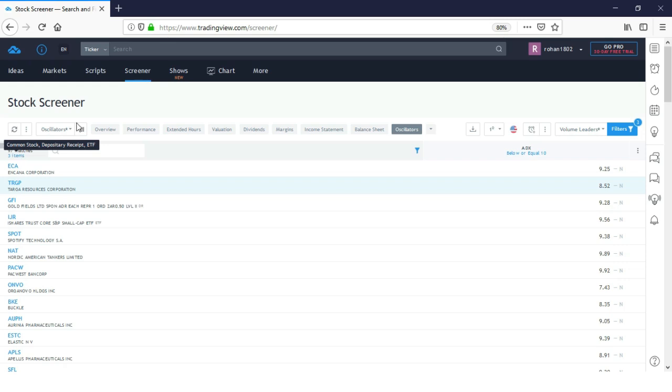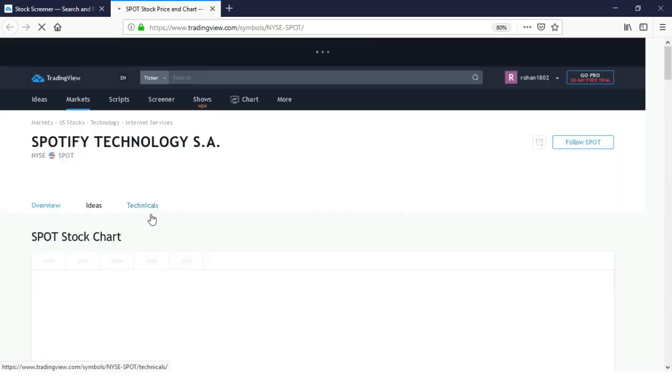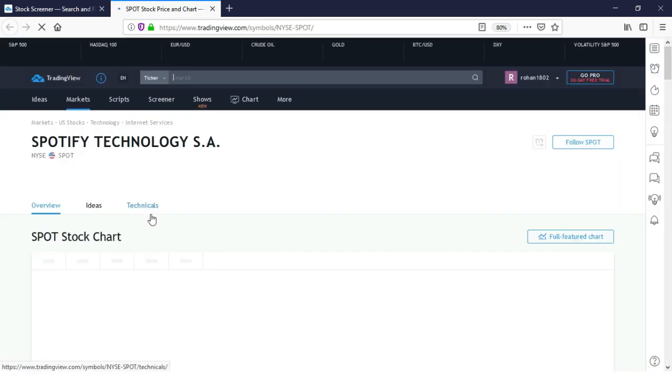Let's look at the chart of any one of the stocks, that is Spotify Technology SA. The ADX is below 10. We just click it to check whether the formation is consolidation or not. We click on full feature chart.